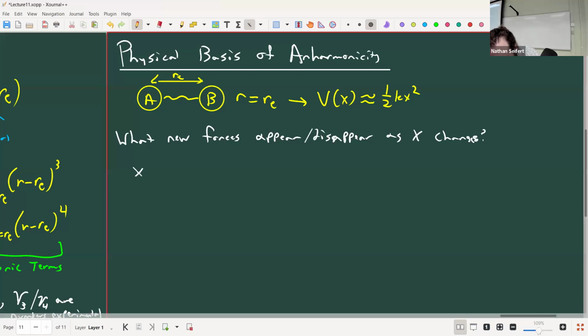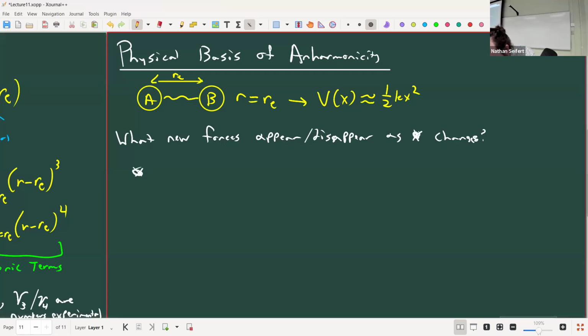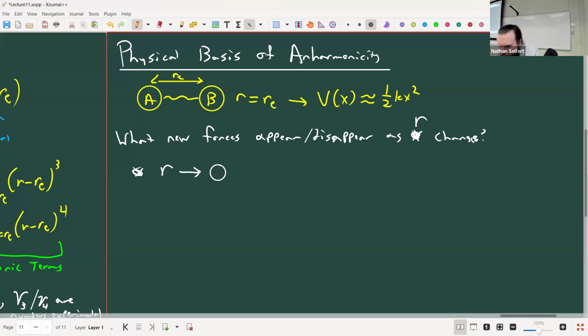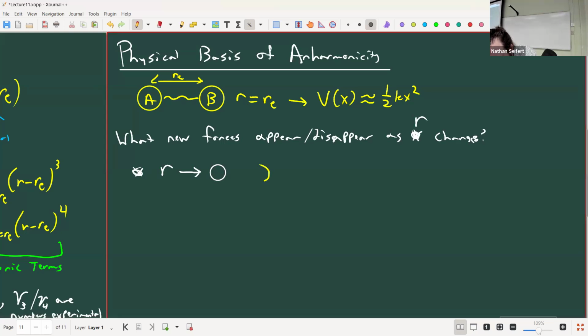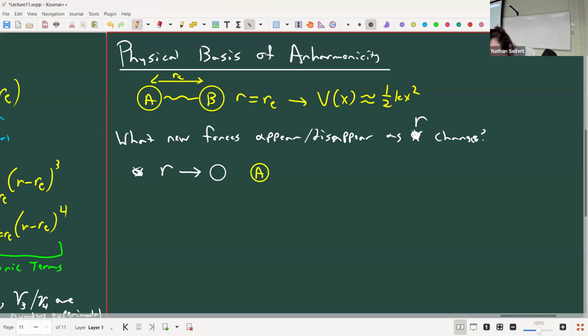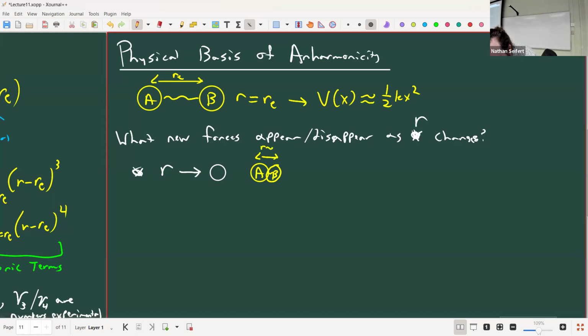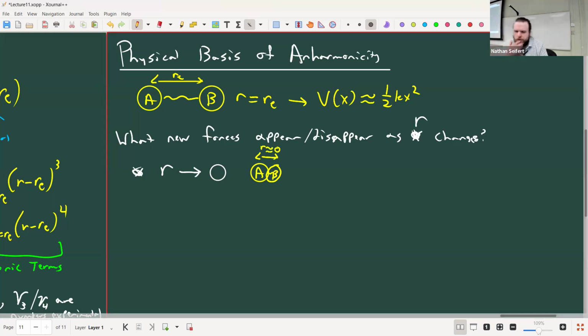As r goes to 0, as we bring the atoms closer and closer together, eventually they're almost butting up against each other. So I've got these two atoms really close together.